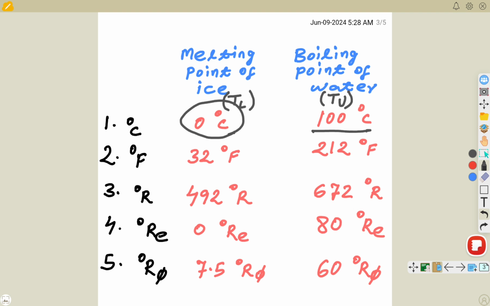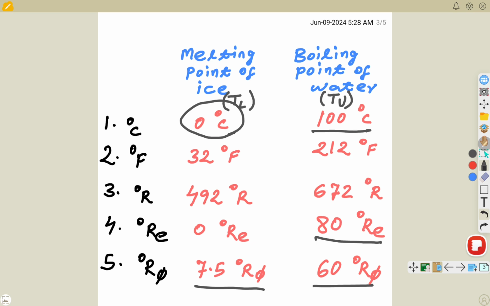In case of Reaumur scale, the melting point of ice is similar to the Celsius scale, that is 0, whereas the boiling point of water is 80. In the other Reaumur scale, the melting point of ice is 7.5 and the boiling point of water is 60.